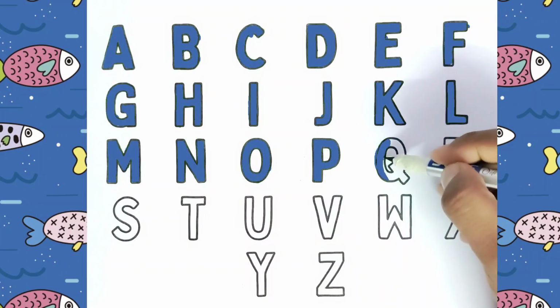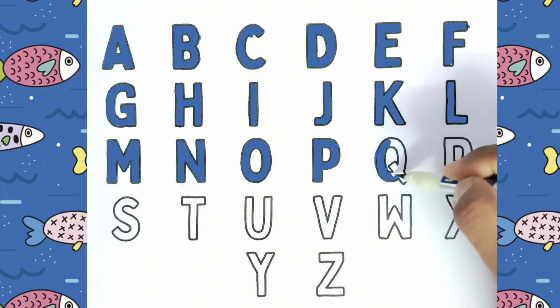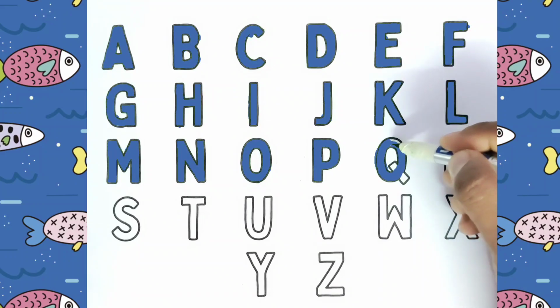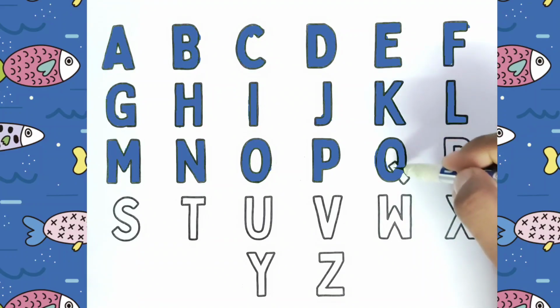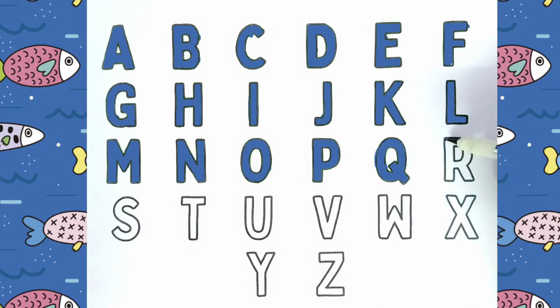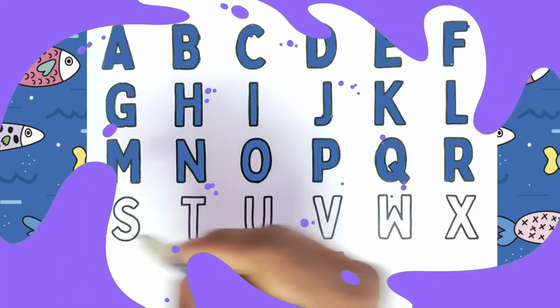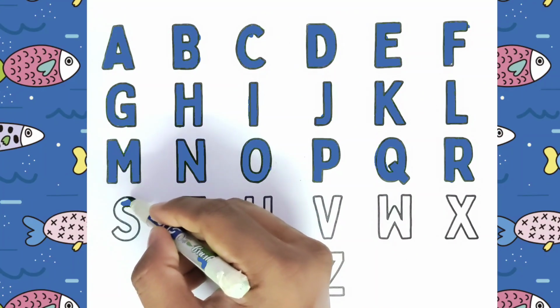Q. Q for queen. R. R for rose. S. S for sun.